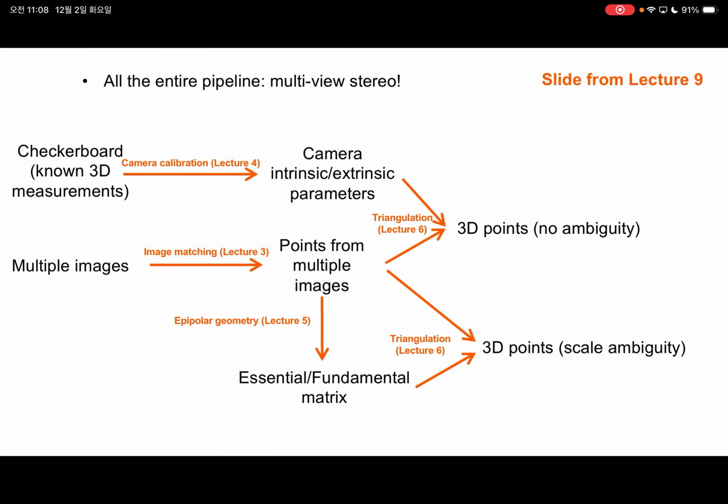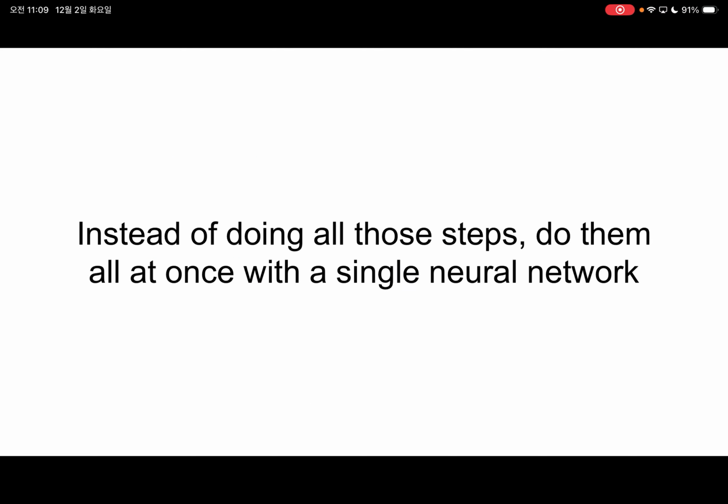So this is a slide from lecture 9. Before the midterm exam, we learned this kind of very complicated pipeline, right? Checkerboard, camera calibration, image matching, epipolar geometry, triangulation, structure from motion, multi-view stereo. We learned all this stuff, but this paper, instead of doing all those steps, does them all at once with a single neural network.